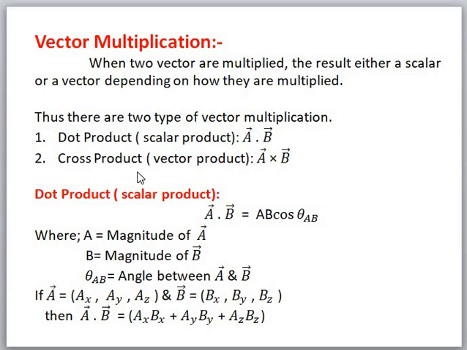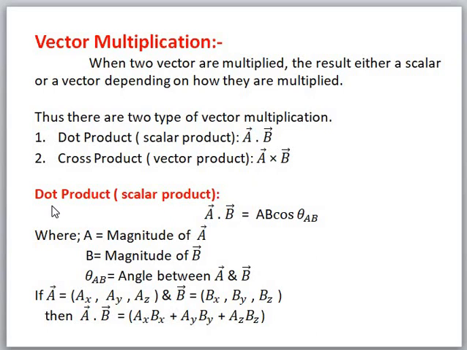Cross product, also known as the vector product, we can write in this form, vector A cross vector B. When any two vectors are multiplied, the resultant is either a scalar or a vector, depending on how they are multiplied: dot product or cross product.